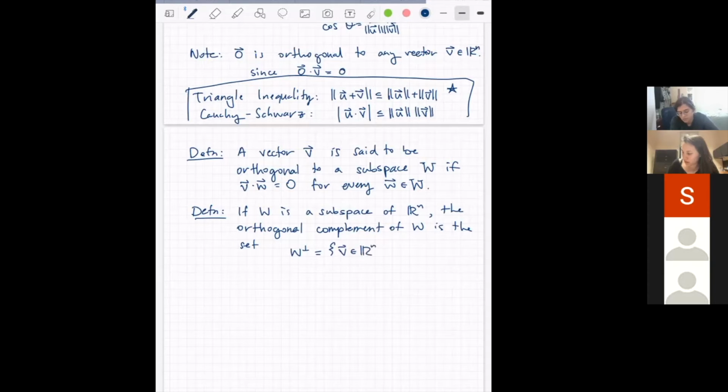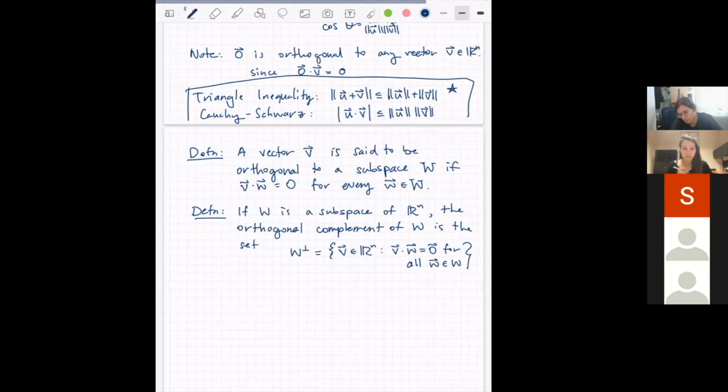It would be the set of V in Rn such that V dot w is equal to 0 for all w in W. So we're taking the collection of all of the vectors that are orthogonal to W, and if we stick them all together into one set, that's what we call the orthogonal complement.